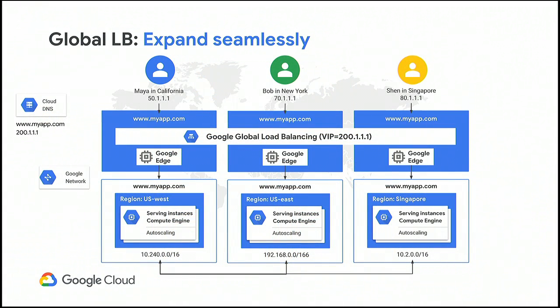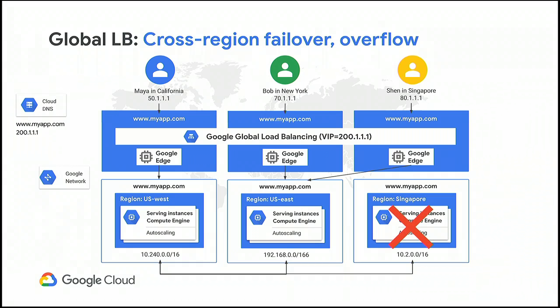You're a global success. You have customers in Asia that are now using backend instances in Singapore. Unfortunately, something happened, and you had instances in Singapore go down. At the same time, demand in US West spiked, and you need to address those events.